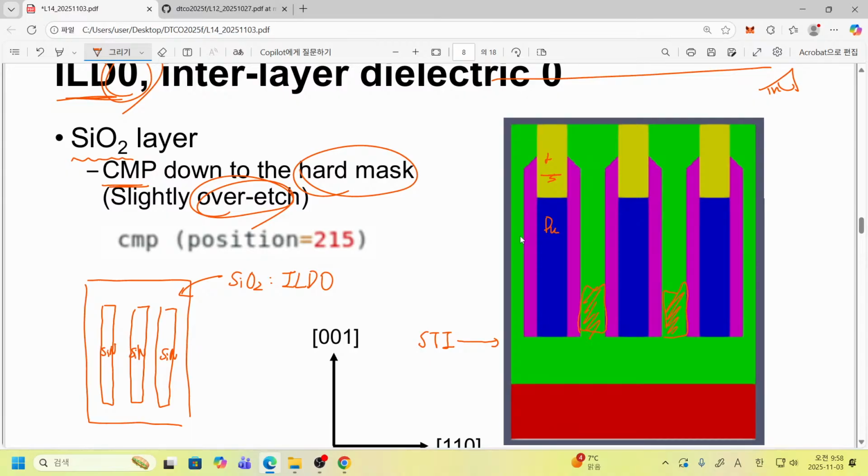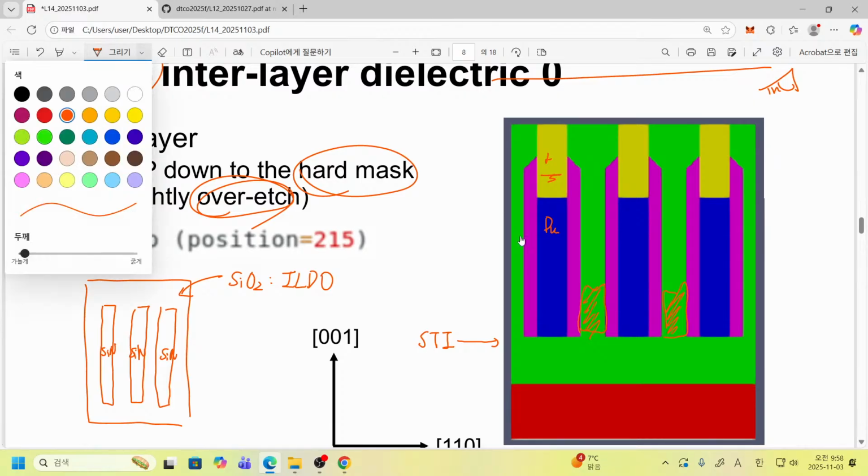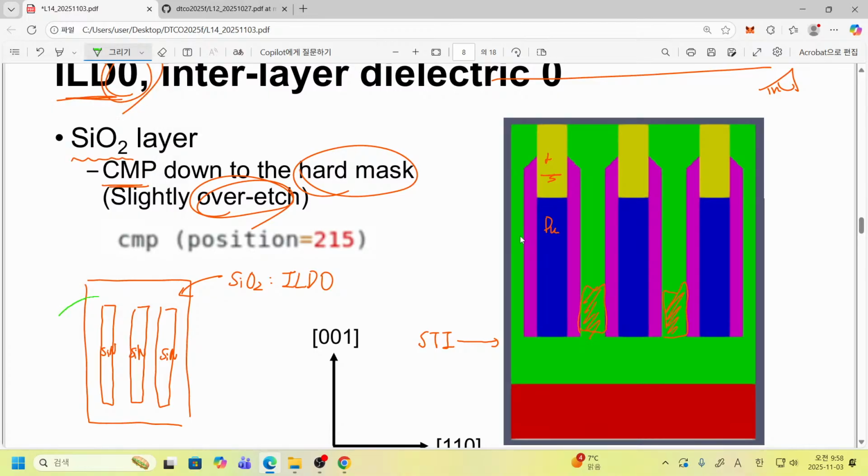So now we are ready to eliminate this dummy gate, because we have a quite clear material difference between silicon dioxide and silicon nitride. What we can do is selectively etch silicon nitride.